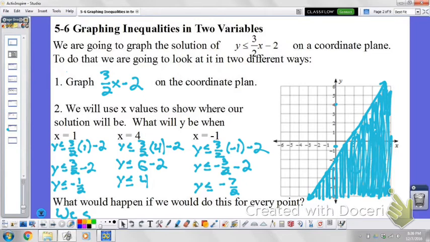We would shade everywhere below the line. So whenever we are dealing with a less than or equal to, we're going to be working with below the line. Let's go ahead and look at a different inequality.